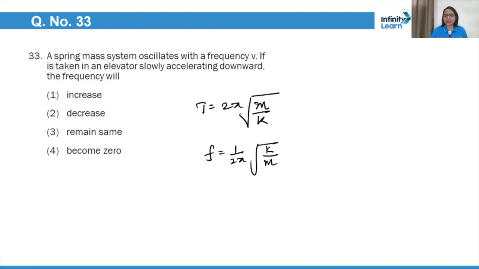You can see that the frequency or time period of oscillation is independent of acceleration due to gravity, and independent of the acceleration of the lift or frame in which this system is present. So if the elevator is moving downwards with some acceleration, its frequency will not change. It will remain same. So correct answer is option 3.